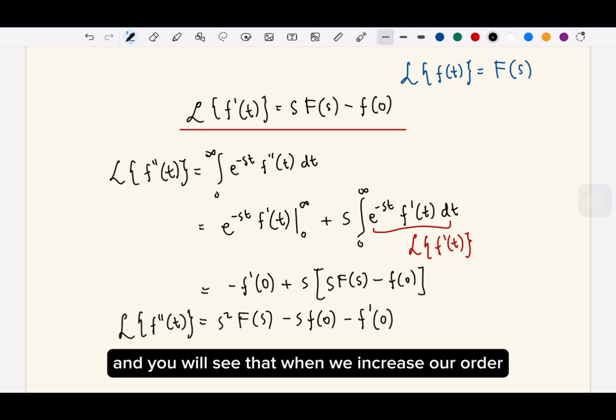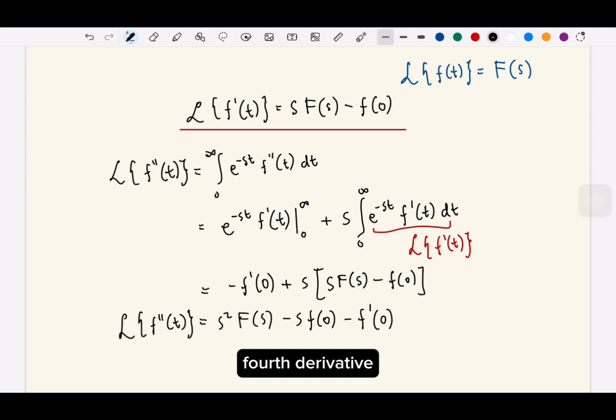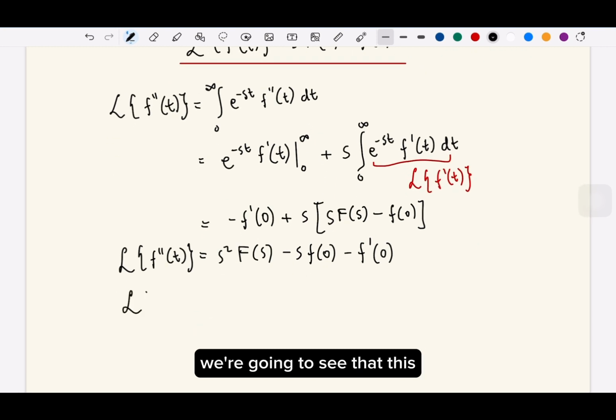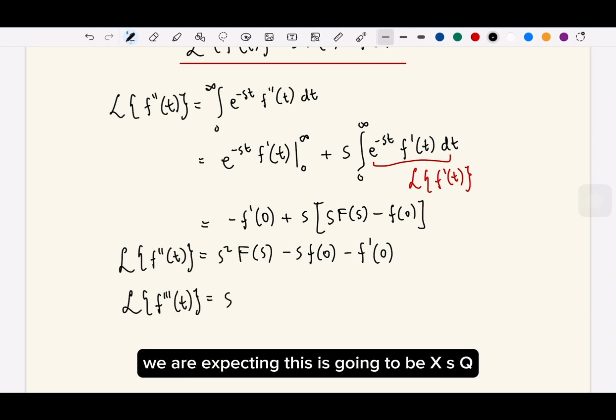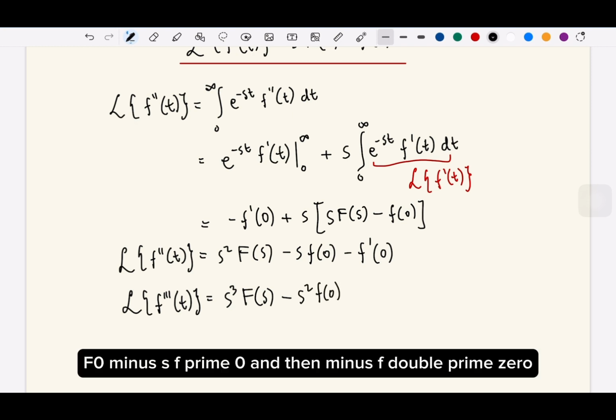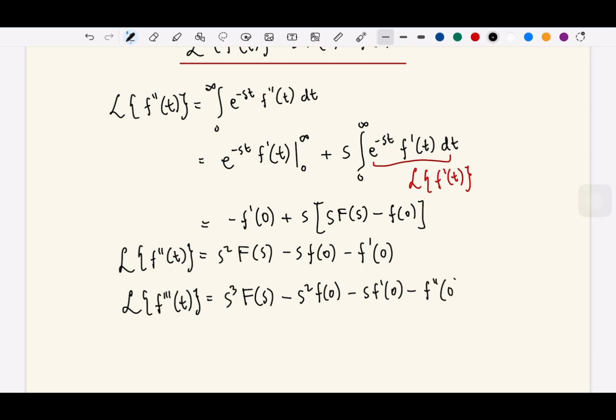And you will see that when we increase our order, like the third derivative, the fourth derivative, for example the third derivative, we are expecting this to be s cubed F of s minus s squared f 0 minus s f prime 0, and then minus f double prime 0.